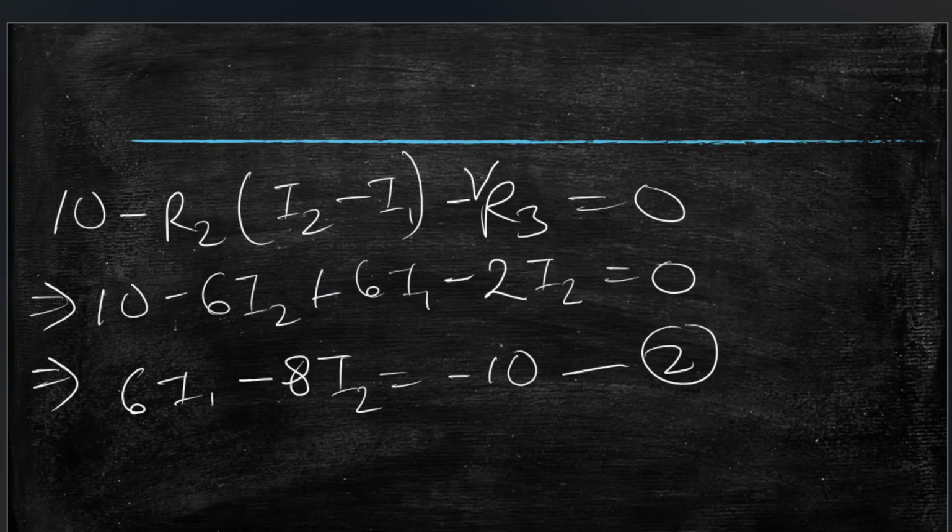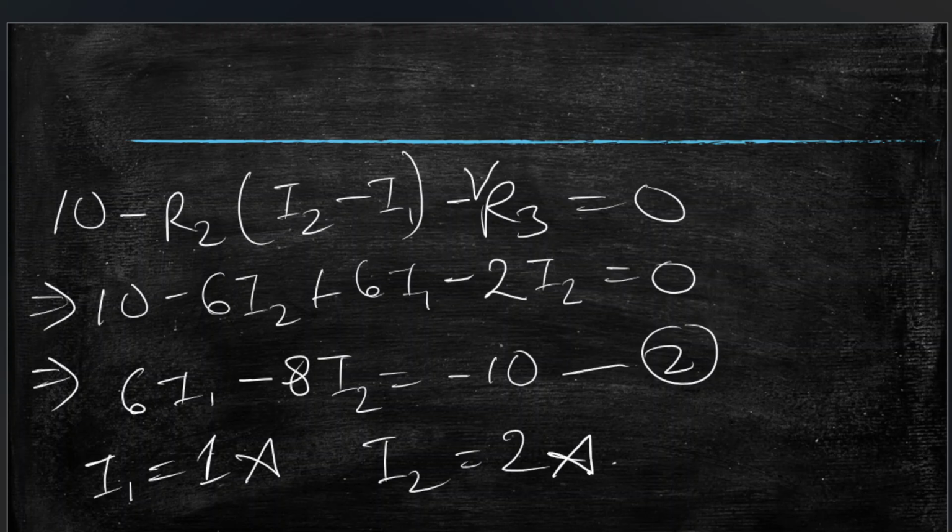And equation 2 is 6, minus 8, minus 10. So I1 is 1 ampere and I2 is 2 ampere. That's our answer.